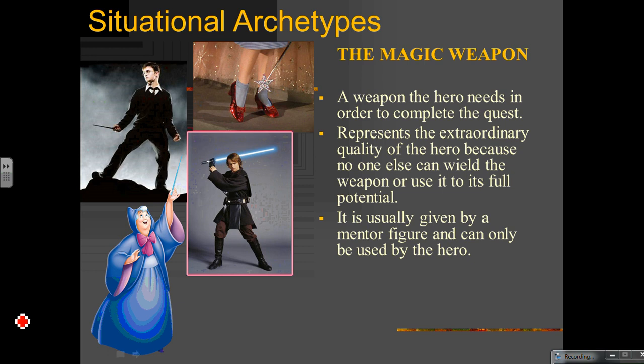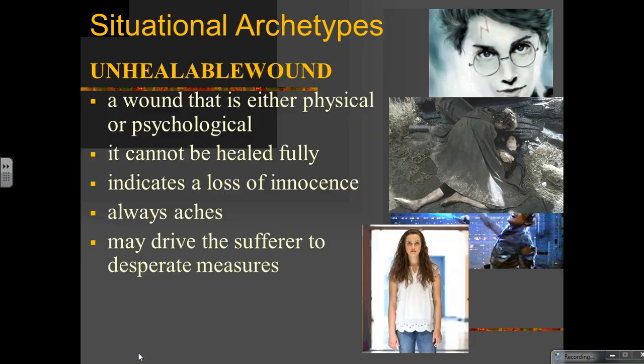Or Harry Potter with his wand, Dorothy with her red slippers. And just another note, it's usually given by the mentor figure, and it can only be used by the hero. Nobody else can wield it the way the hero or the heroine can.